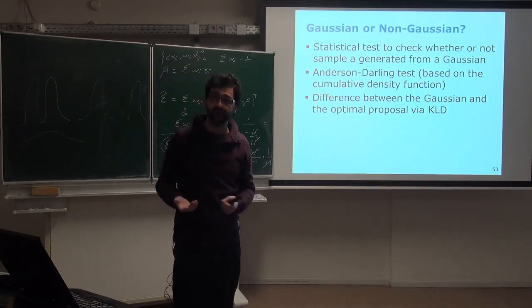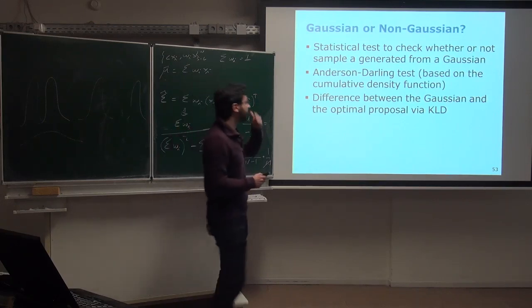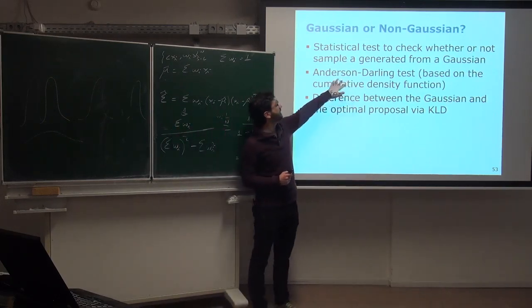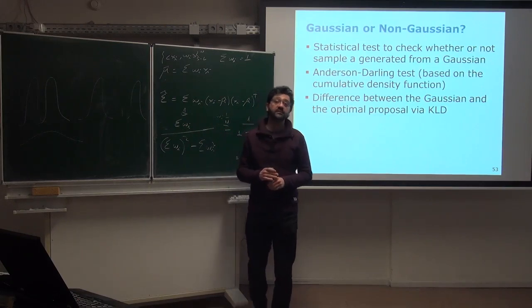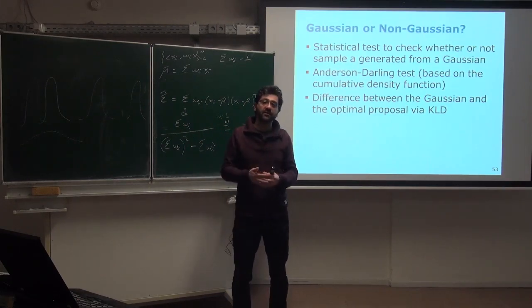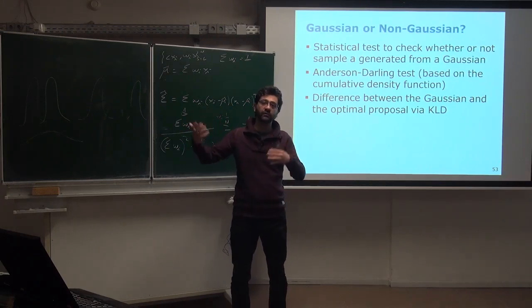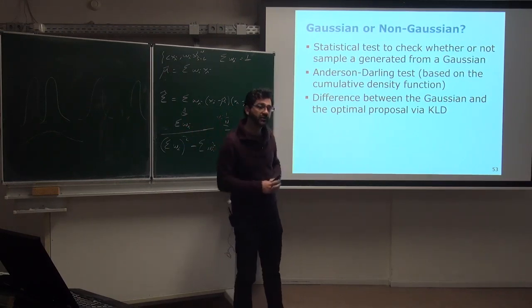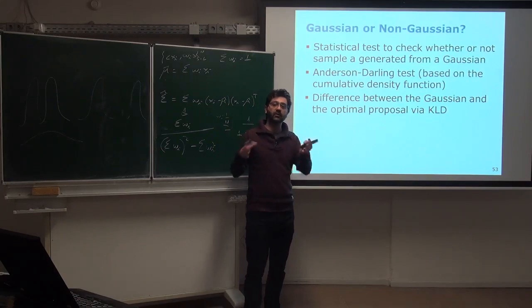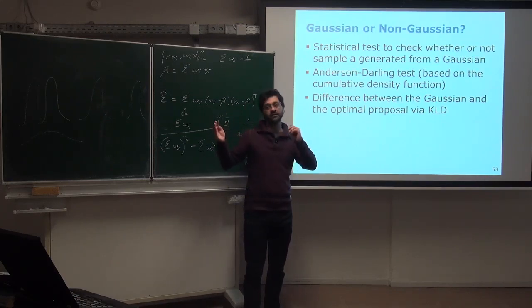and how often this assumption actually fails. For doing this, we can do some statistical tests. A very famous one is called the Anderson-Darling test. It's a statistical test on the likelihood ratio to check if certain empirical data can come from a known distribution. You can do it for the Gaussian case, and there are some tables that tell you if the test is within certain values, then the distribution is very likely to be a Gaussian.